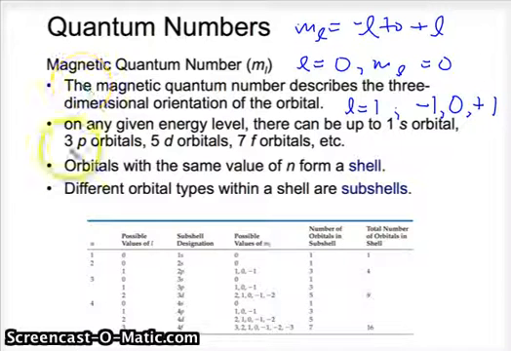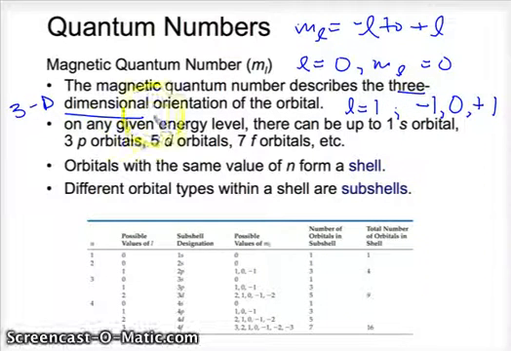So magnetic gives us 3D. Okay? 3 dimensions. It's the orientation in space. So it's great to know the general shape, but then this tells us the shape in space. So notice that an orbital with the same value is in. So if I have L equals 1, okay, that was p, correct? Well, there's 3 different numbers, so that means there's 3 p orbitals.